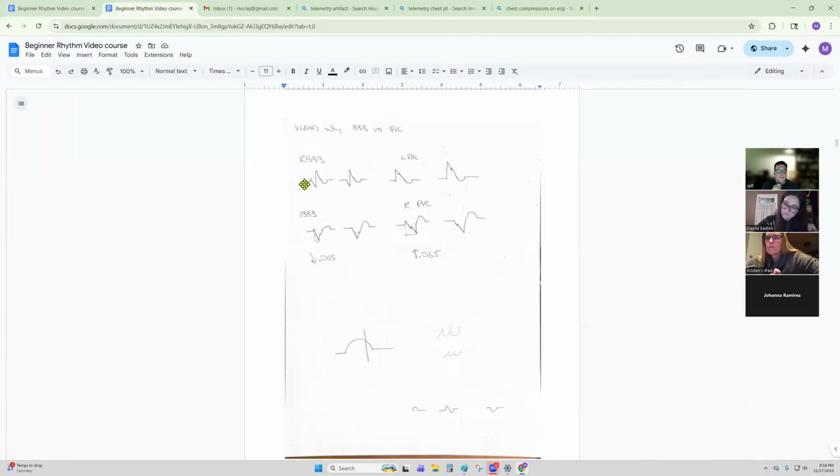So, and this is my old handwriting, but V lead only, we're going to compare bundle branch blocks to PVCs. And this is where it can get confusing, because like that example of SVT that was wide that we showed a little bit ago, sometimes you'll have SVT with an aberrancy, what it's called, and that SVT is just a wide QRS complex.